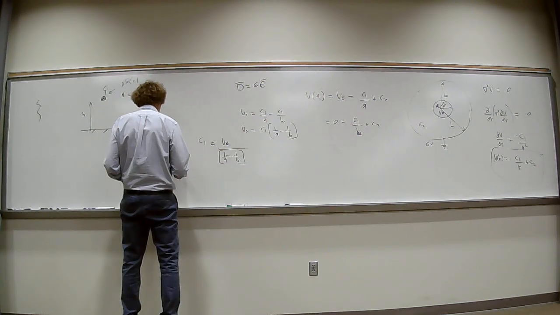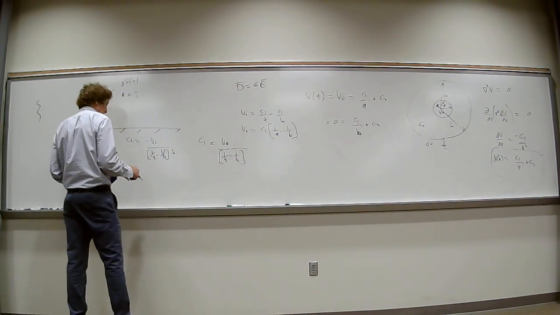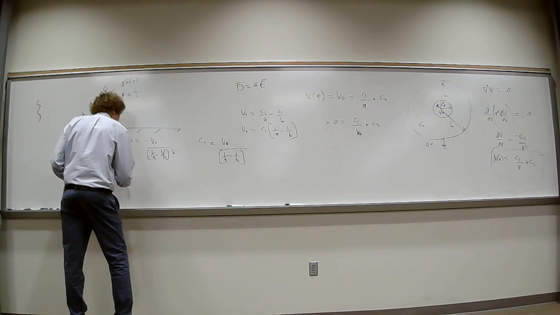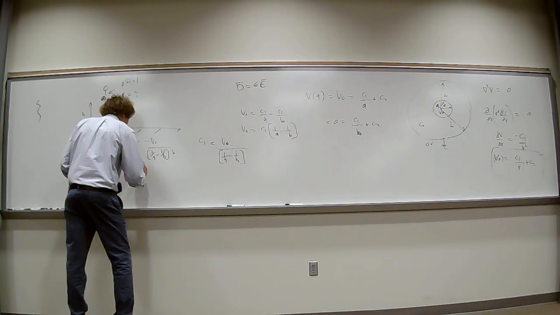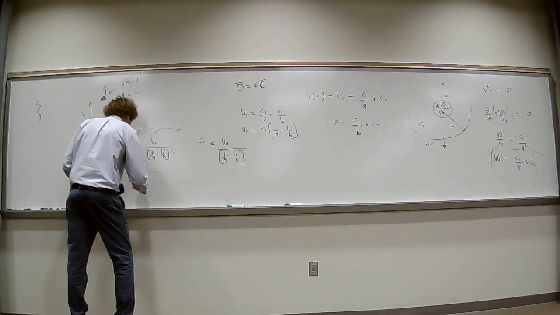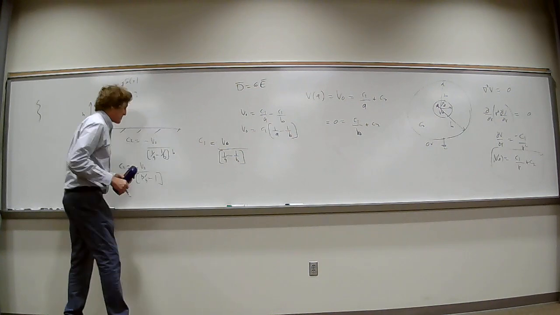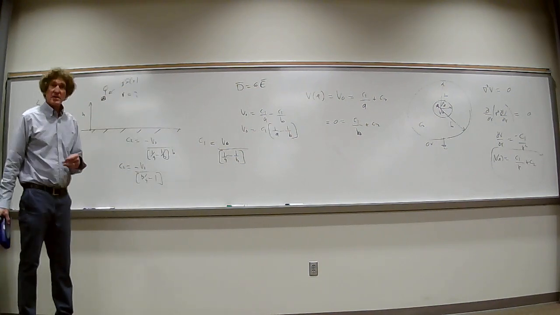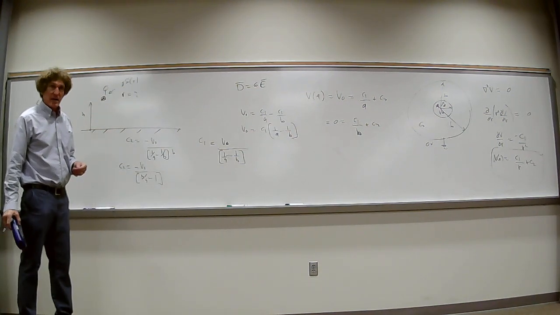So it's divided by b down here. And you can carry it through if you want. So I have C2 is equal to minus V naught over b over a minus 1. Doesn't matter what form it is, but do you follow me on this? I'm just taking it down to the last step.